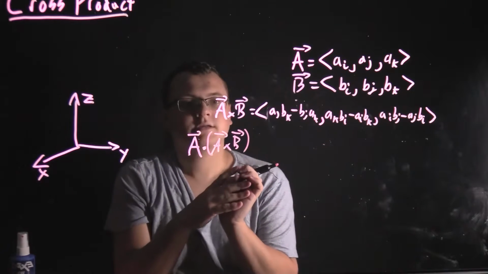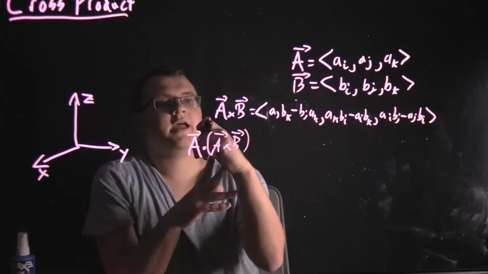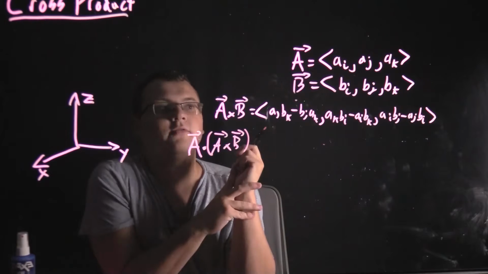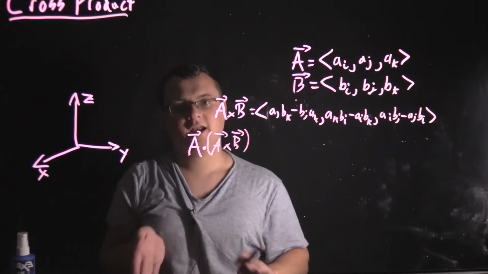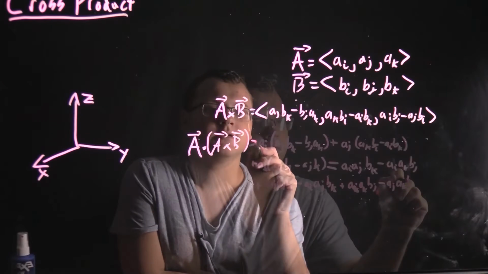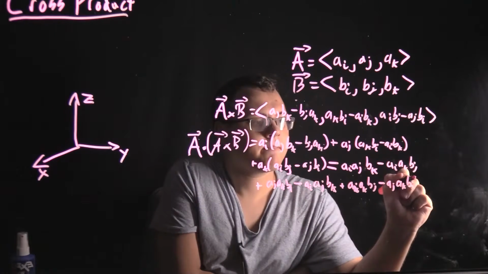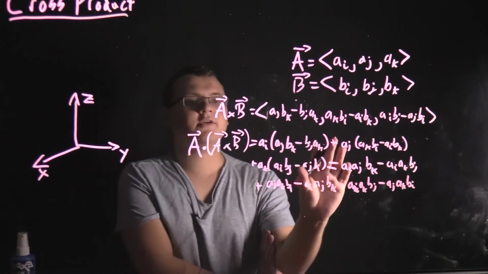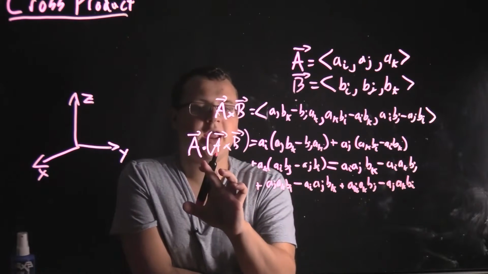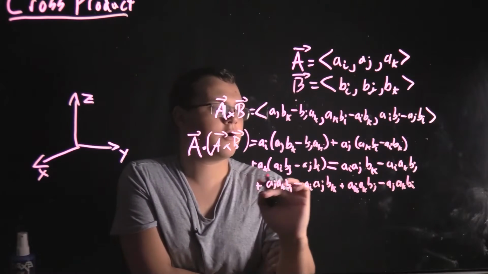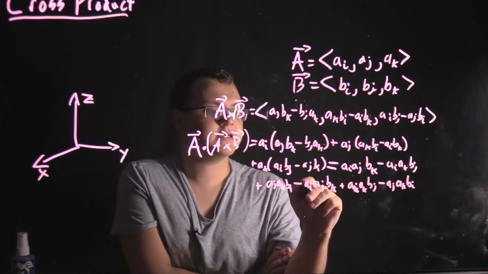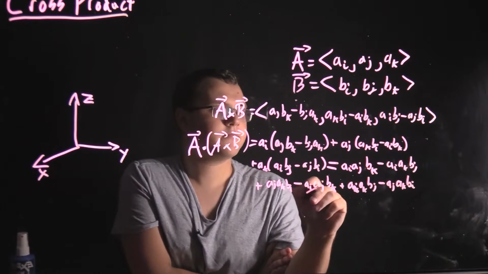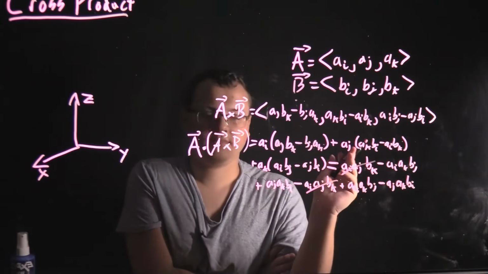All right. So to prove that A cross B is perpendicular to both A and B, I'm going to show you the dot product between each of these vectors and A cross B. Okay, so this is the dot product between A and A cross B, simplified a bit more, and let's take a look at it. AI AJ BK minus AI AJ BK. Those factor out.